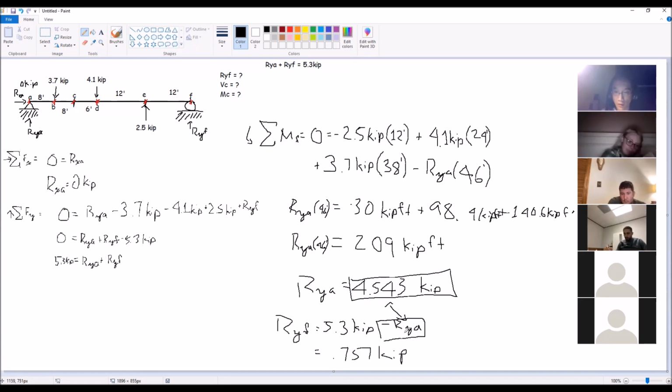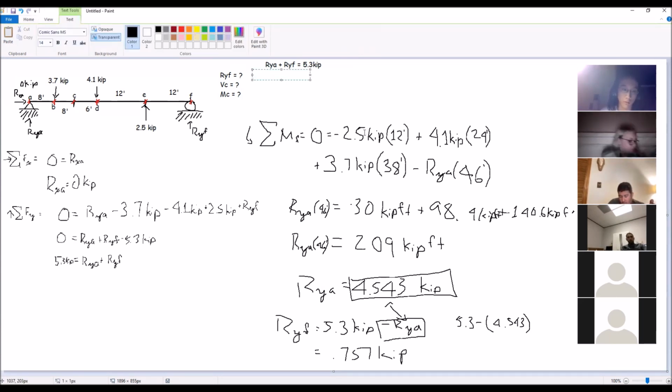But you're subtracting it, so it would become 5.3 minus positive 4.543. Does that make sense? Yeah, it does. I was just kind of confused for a second there. Okay, so RYF is equal to 0.757 kips.